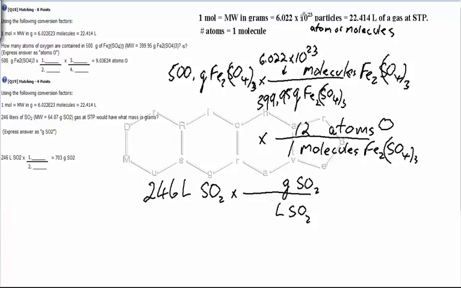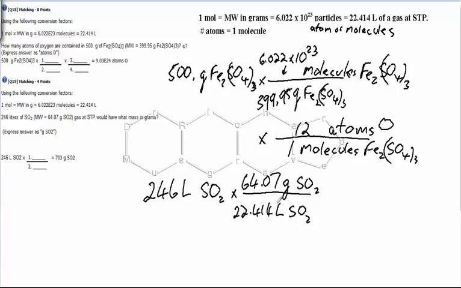And we've got a relationship here: molecular weight in grams is equal to 22.414 liters of a gas at STP. So we've got the molecular weight here at 64.07 grams, and that's going to equal 22.414 liters of SO2. Just looking at that, we know that this equals a mole, and this equals a mole.